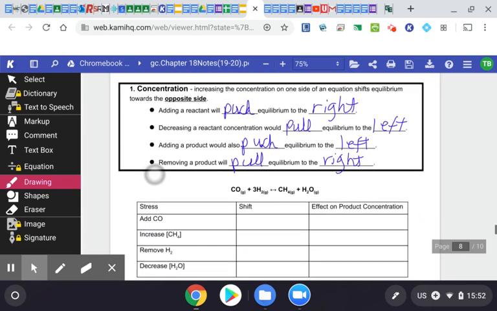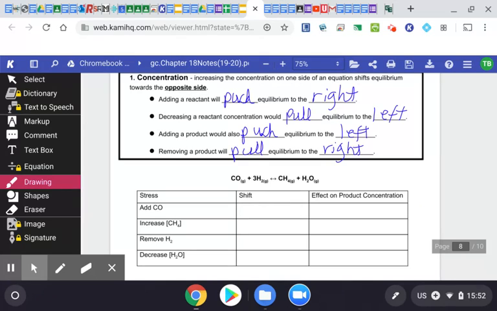So let's look together at what I'm talking about here. So our first stress is to add carbon monoxide. If I increase the concentration of carbon monoxide, it's going to push equilibrium to the opposite direction. And that would push it then to the right-hand side of the reaction.